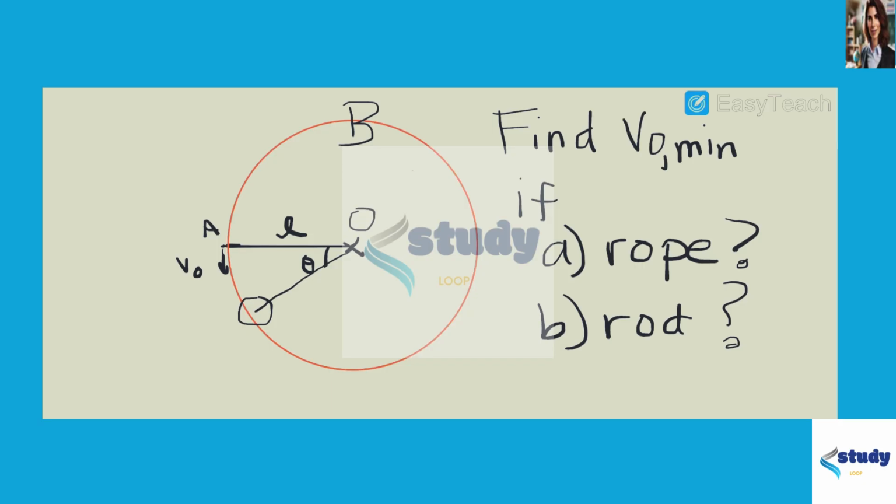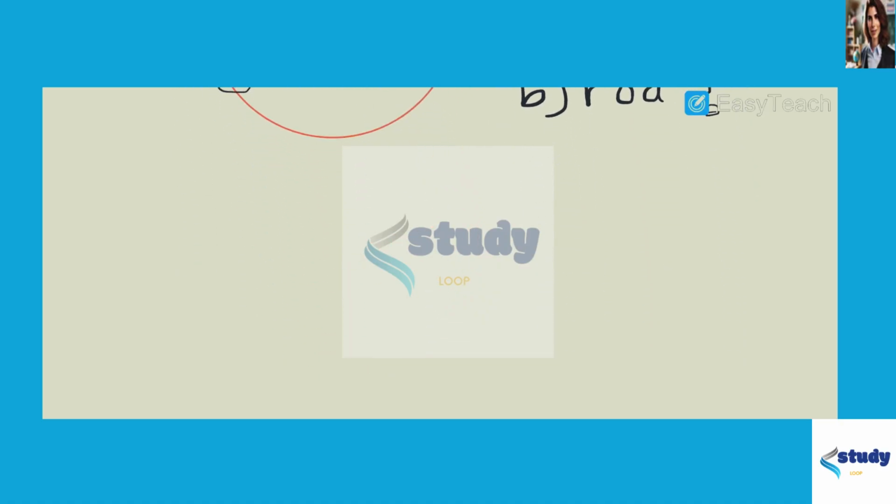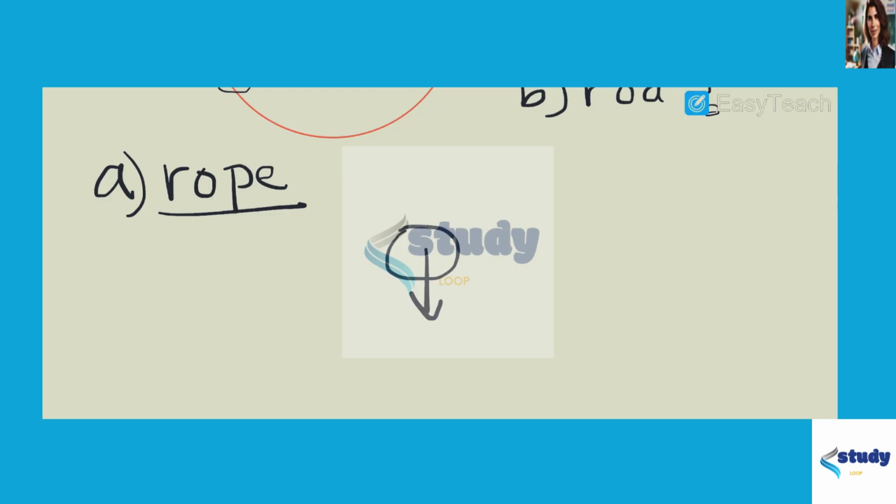First we're going to look at this situation as if AO is a rope. So I'll call this part A, for rope. Let's think about this. If we have a rope, that means that when the mass reaches the top of the circle at B, the tension will actually be 0, all the tautness in the rope will be gone. If we draw this as a free body diagram, the only force acting on the mass is its own weight.